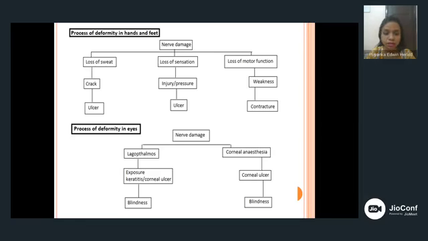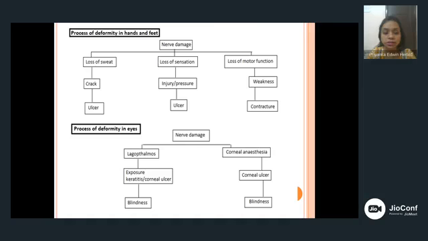And secondly, below you can see the process of deformity in the eyes. If a nerve like the trigeminal or facial nerve is affected, then if the facial nerve is affected, the patient will not be able to close his eyes properly.